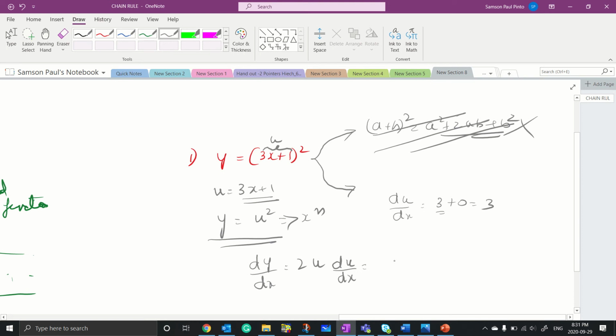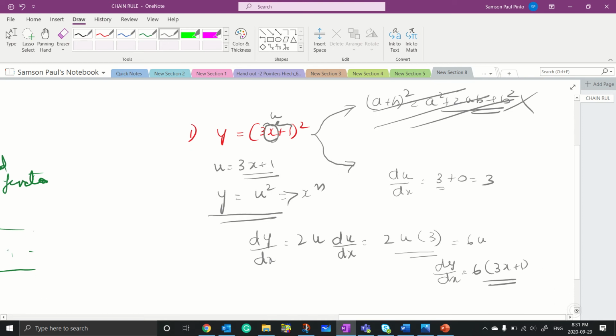So that will give me 2u times 3, and that is nothing but 6u. In the last step, you are supposed to write 6 times (3x plus 1) in terms of x, because your problem began in terms of x.